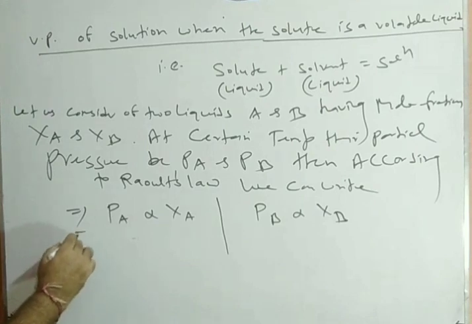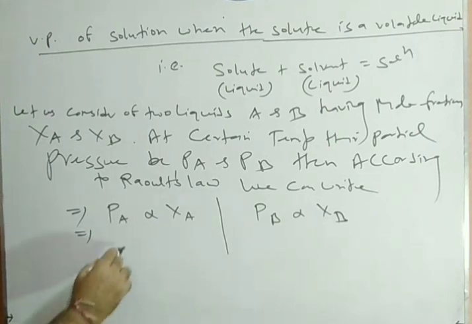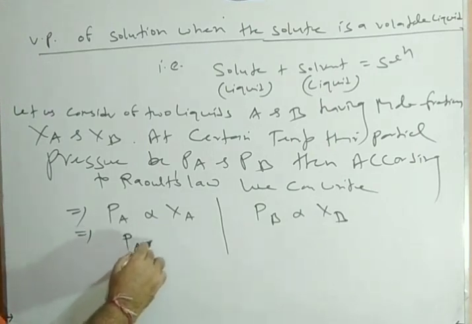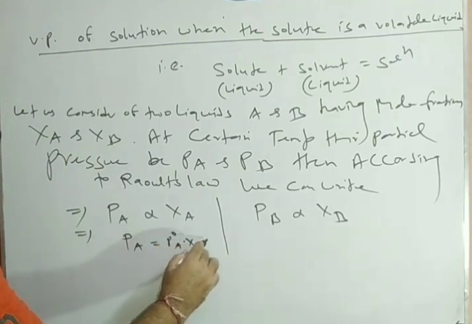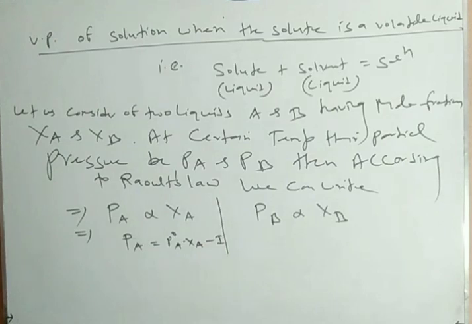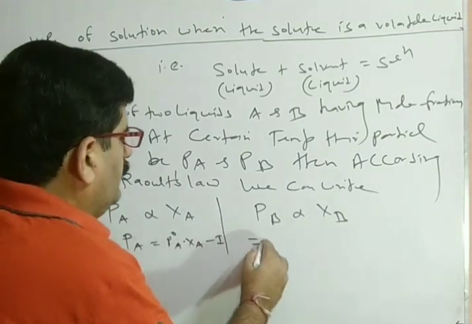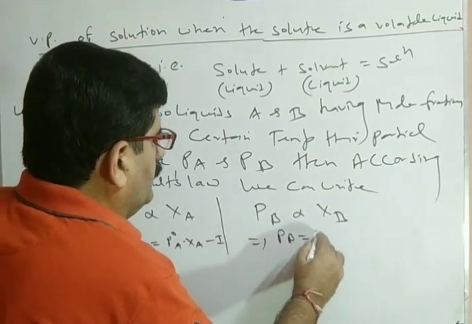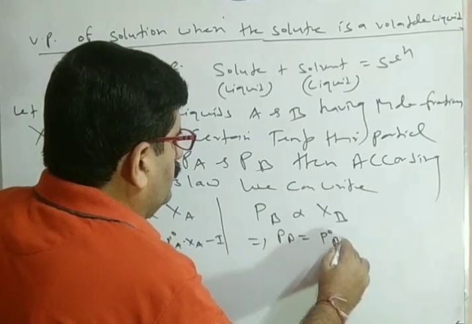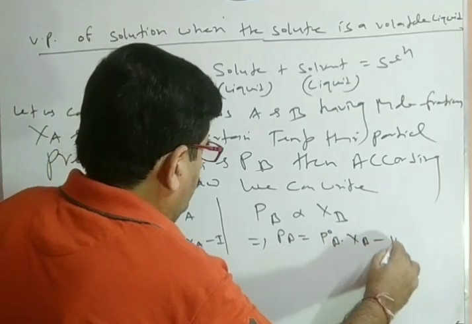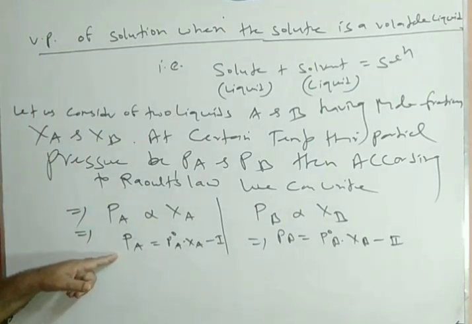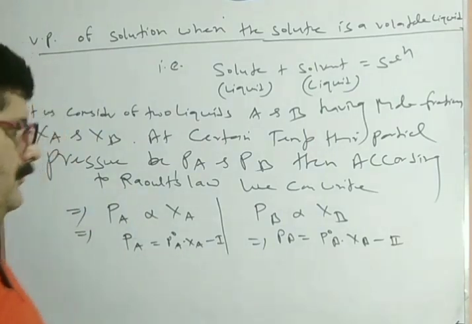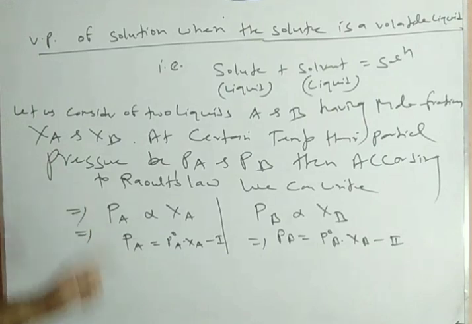If we remove proportionality, PA is equal to P naught A into XA. Suppose this is our equation first. Similarly, PB is equal to P naught B into XB. This is equation second. What is PA? Vapor pressure of impure solvent.